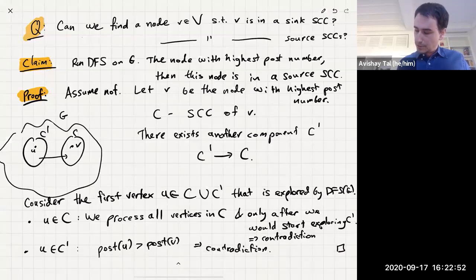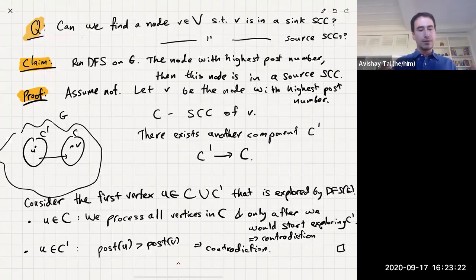So it would be a great time for questions. Could you please go over the C prime case again? Right. So what would happen if the first vertex that we explored in C union C prime was a vertex U that belongs to C prime? What happens when we run explore from U?